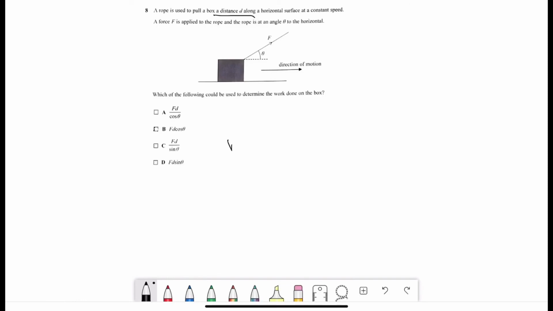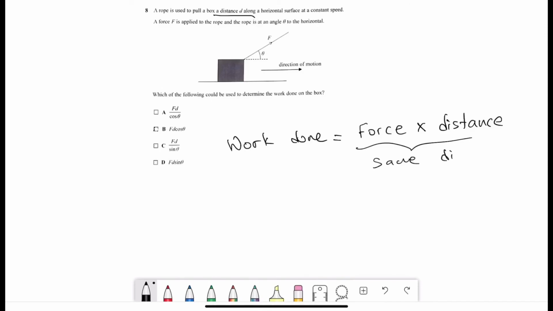So we can write work done is force times the distance, and this force and distance should be in the same direction. The question says the direction of the motion is this way and the distance displaced along this direction is d.